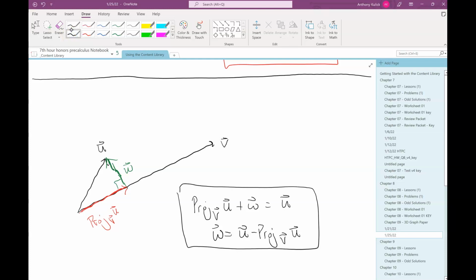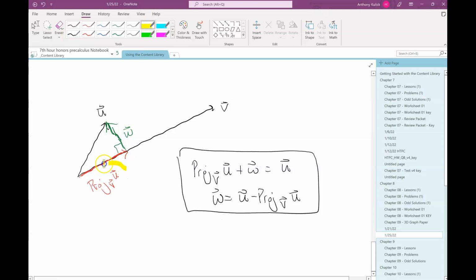So the obvious question you should be left with is, okay, how do I calculate one of these projections?